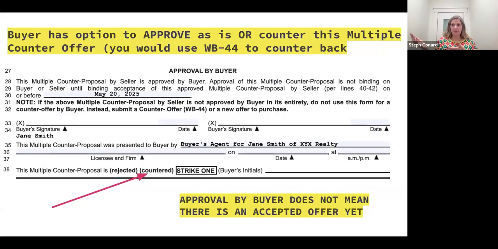And with the idea that there could be other terms that the seller wants to counter anyway, you might just want to use that multiple counter and say, okay, here's what the purchase price is. It's clear to everybody. It's just a clarifying tool to use, and it gives the seller the option to have multiple buyers step up as well.